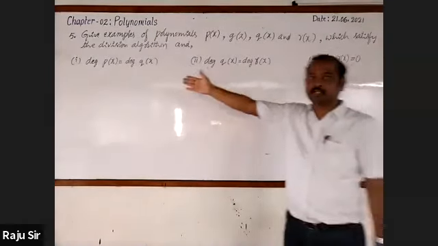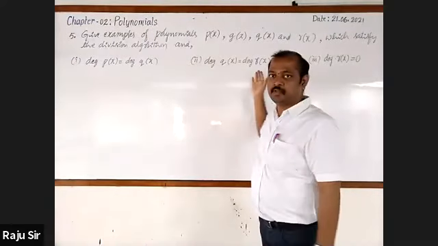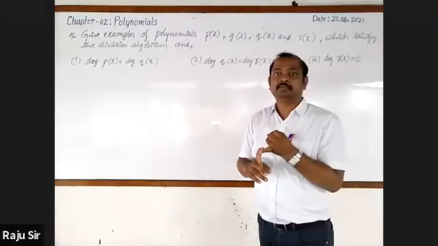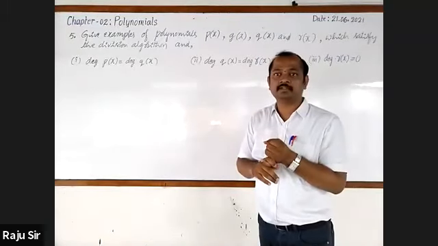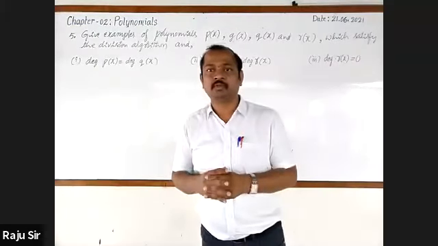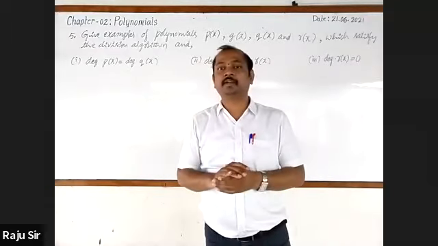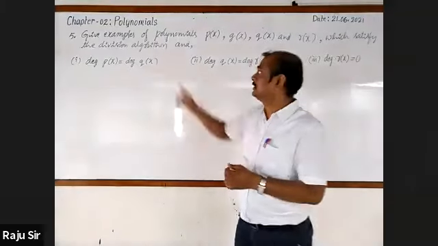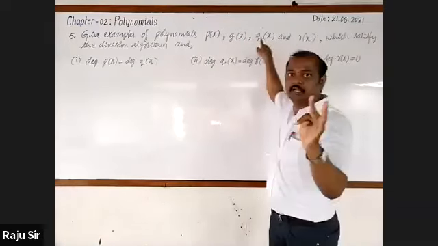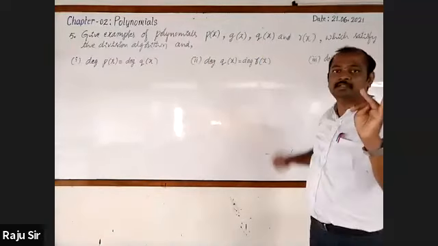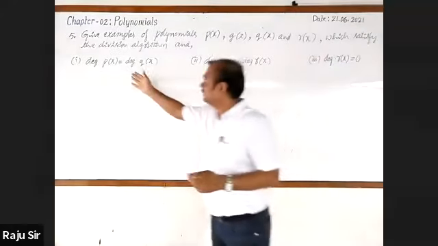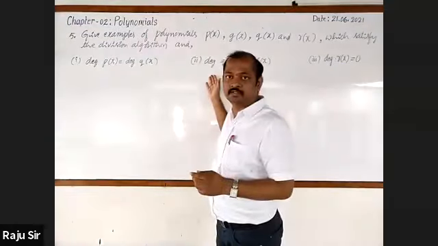I've written all the three conditions. You are going to find out the polynomials. How many polynomials? Four polynomials: one is p of x, second is g of x, third is q of x, and fourth is r of x. And these will satisfy these three conditions.